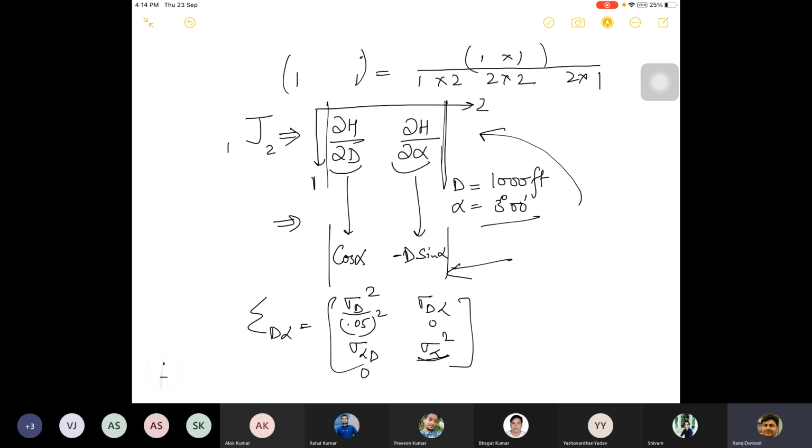And then after you replace all these values in the function, the sigma h would be plus minus 0.05. That's how you solve it.